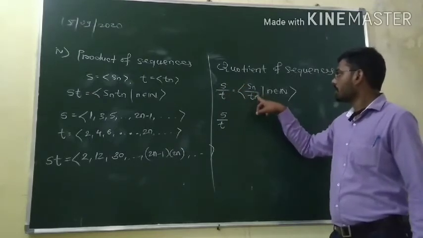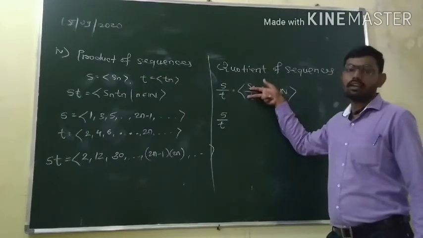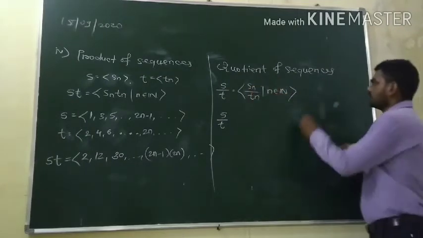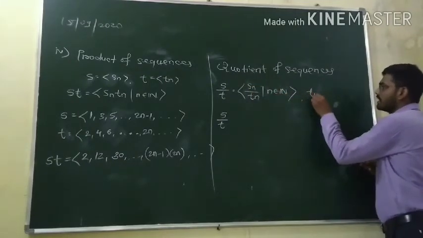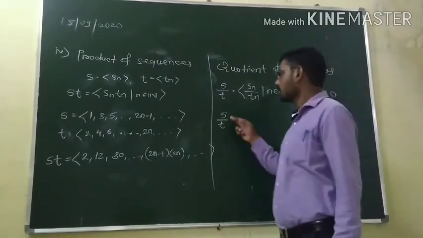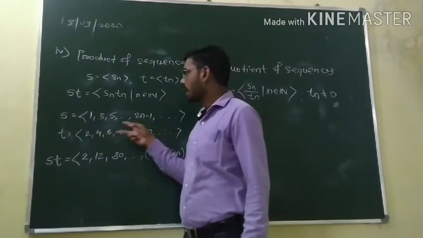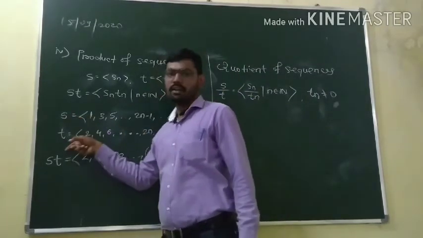Because if 0 comes into the denominator, the element is not a real number. So the one extra condition is that Tn must not be equal to 0. Here no element of the sequence T is 0, so we can write the sequence S by T.